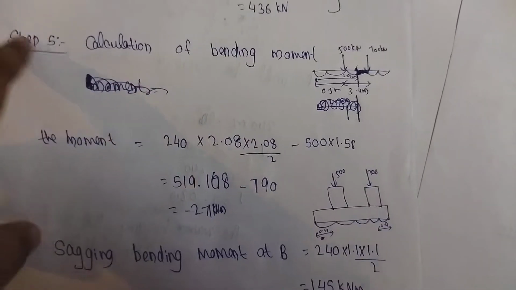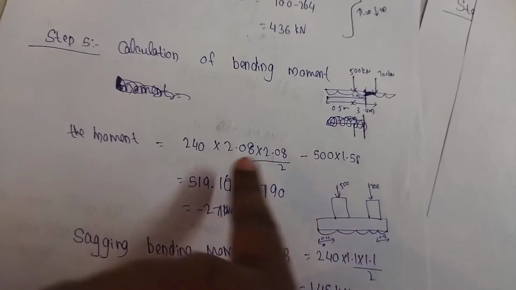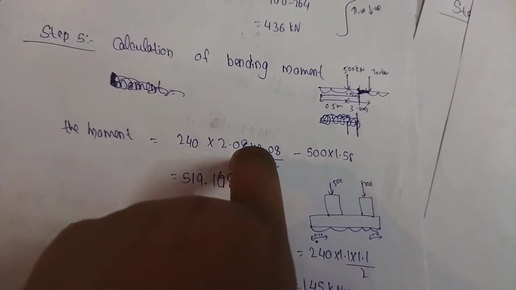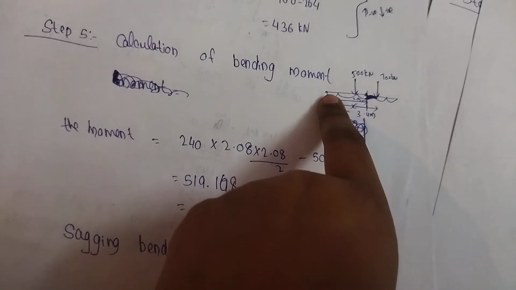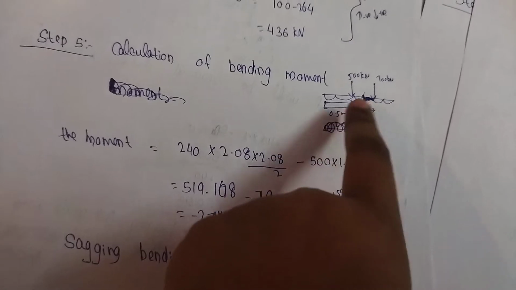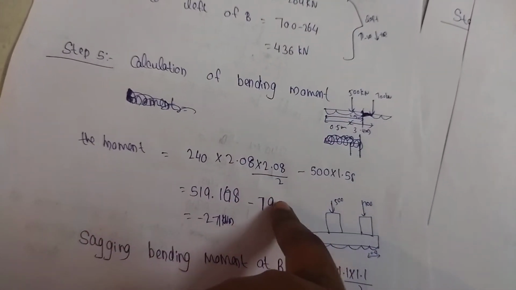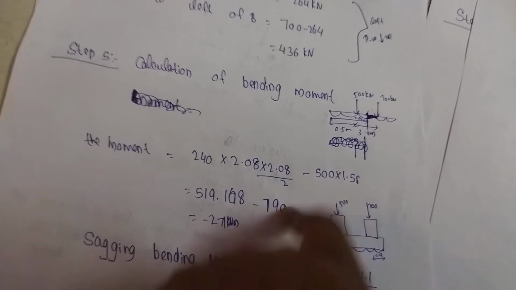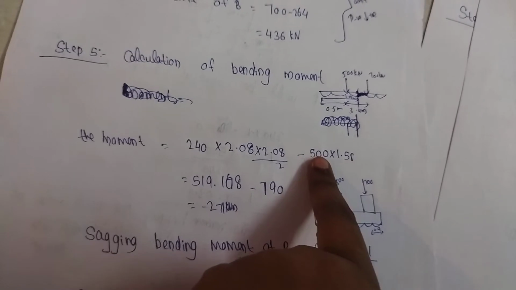So we take that 240 into 2.08. We calculated this 2.08 to calculate the moment. So 240 into 2.08 gives the UDL. How to calculate moment? Into 2.08 divided by 2 minus 500 into this distance, that is 1.58.